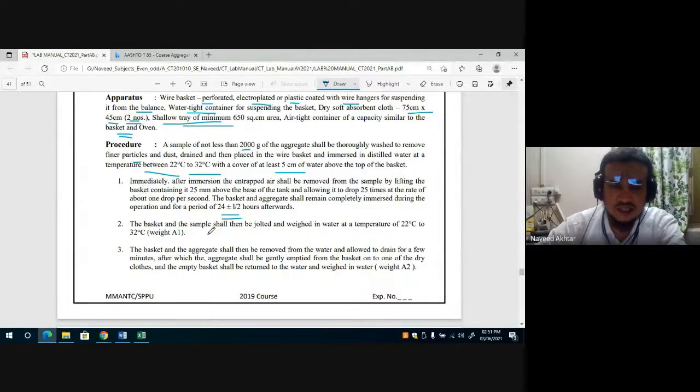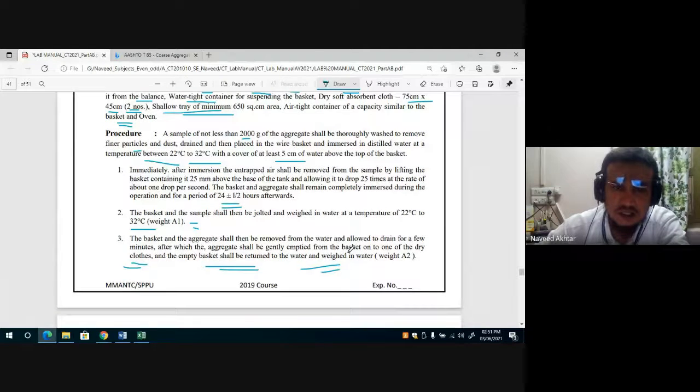Then the basket and sample shall be jolted and weighed in water at a temperature of 22 to 32 degrees Celsius; that is the weight W1. Then the basket and aggregate shall be removed from the water and allowed to drain for a few minutes, after which the aggregate shall be gently emptied from the basket onto a dry cloth, and the empty basket shall be returned to the water and weighed; that is W2.